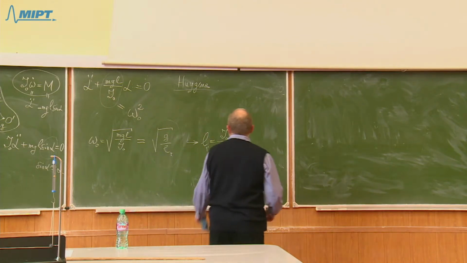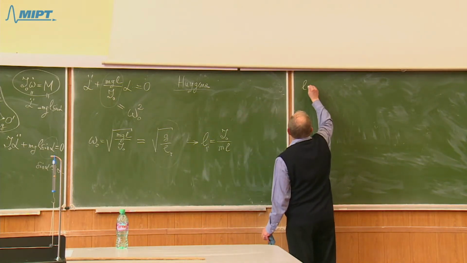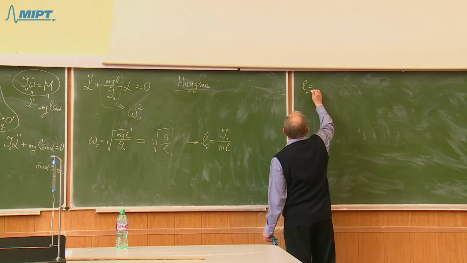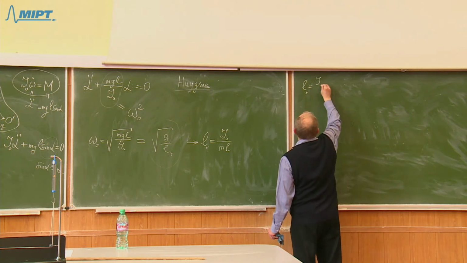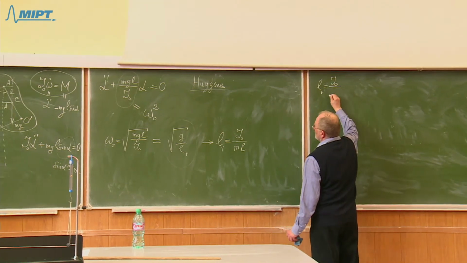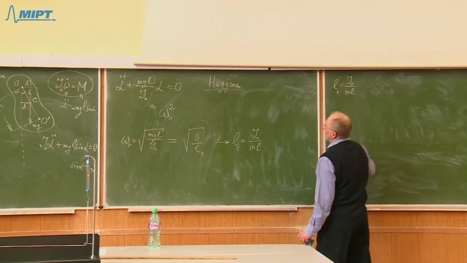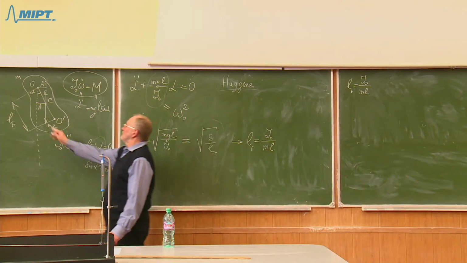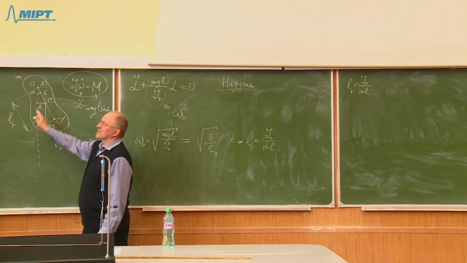So, according to this formula, the reduced length is the moment of inertia with respect to point O divided by ml, where L is the distance between the point of suspension O and the center of mass.